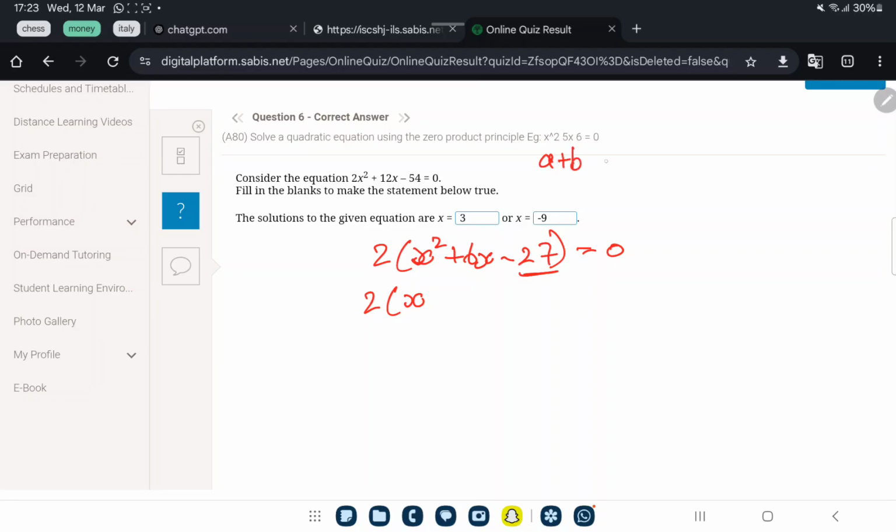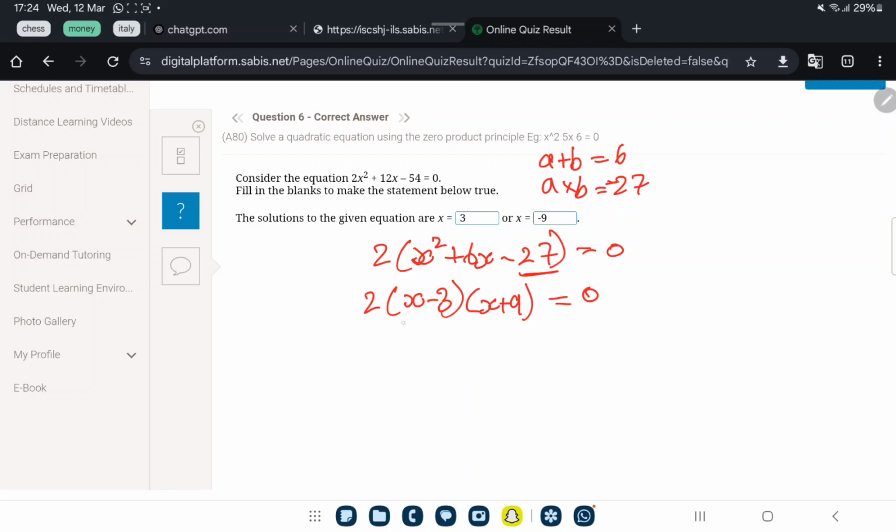A plus B equals 6, and A times B equals minus 27, sorry. So (x minus 3) and (x plus 9). These two numbers, when you multiply them, it's minus 27, and when you add them, it's plus 6. That's correct here, the factoring.